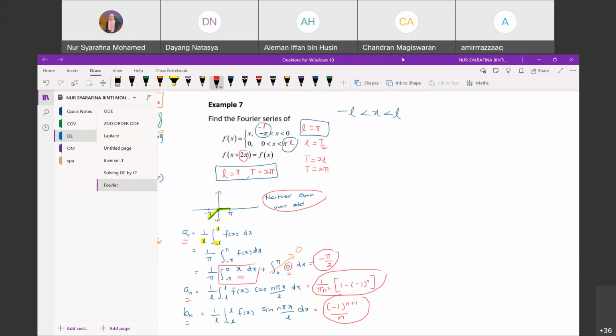The steps are similar, whether it is even, odd, or neither, but the process of integration will differ for each case. So you can try to do it on your own, and if you have a problem, you can ask. Okay, so I'm going to leave you here. Please try it on your own. Okay, any question for today? So from 1 to 10, where are you?